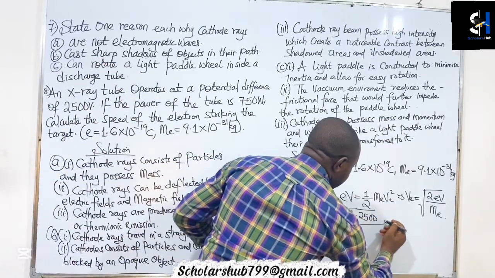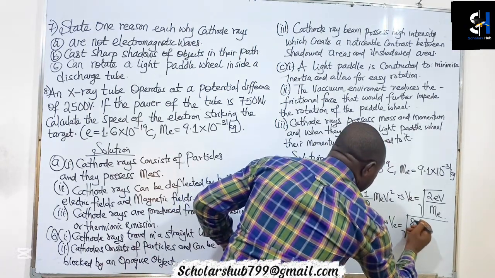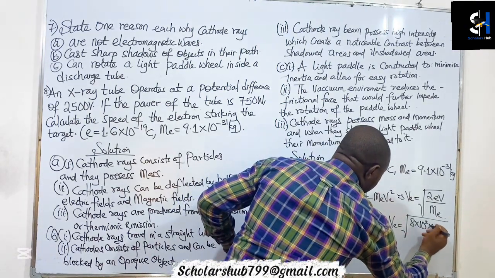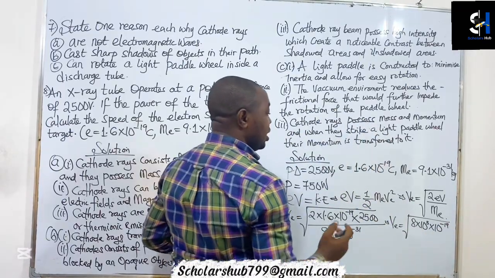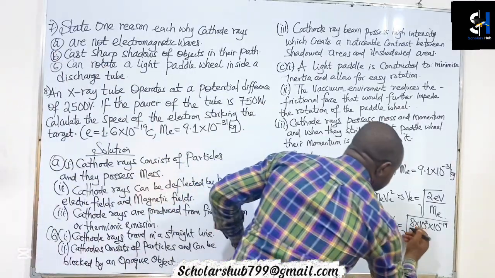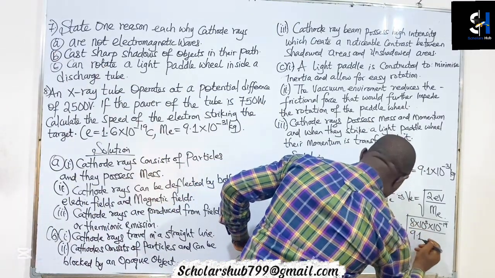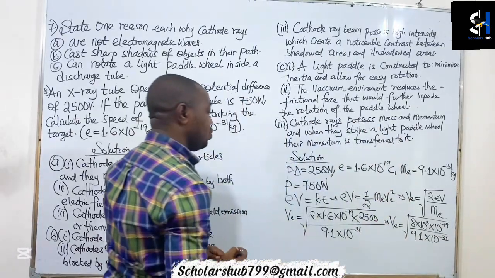So in this case, we have v_e to be the square root of 8 times 10 raised to the power of 3 multiplied by 10 raised to the power of minus 19, which is 8,000, divided by 9.1 multiplied by 10 raised to the power of negative 31.